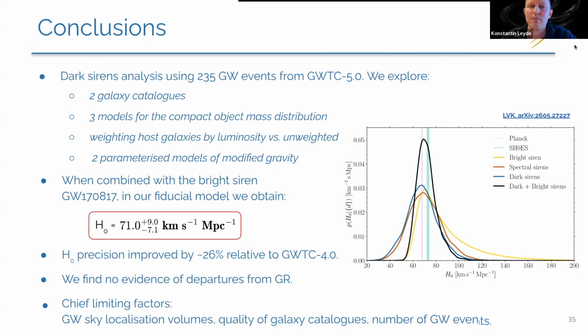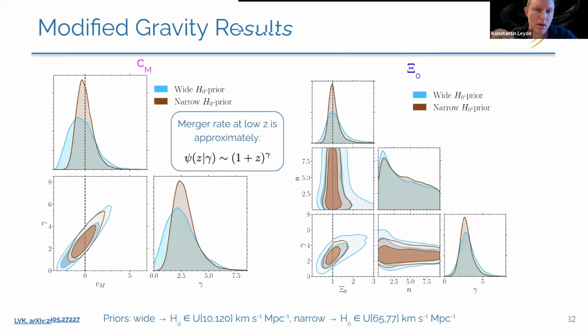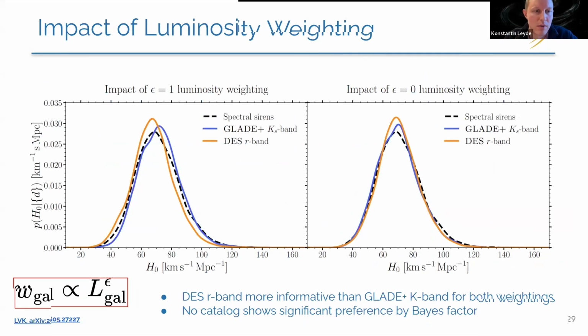I think it's important to highlight how big this effect is in general on the Hubble constant. Alex had this great plot he presented a few slides back, where we compare our two weighting schemes. Here you have the host probability, W galaxy, which stands for weight galaxy, and this is proportional to the estimated luminosity to some power.